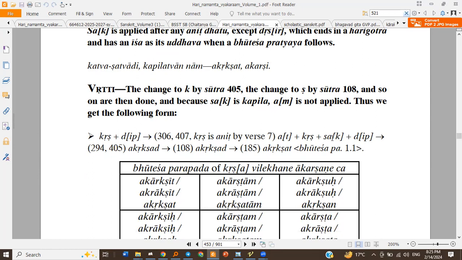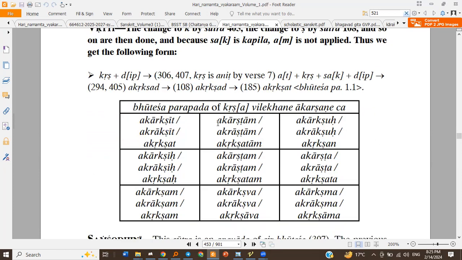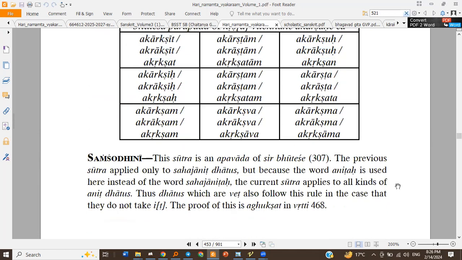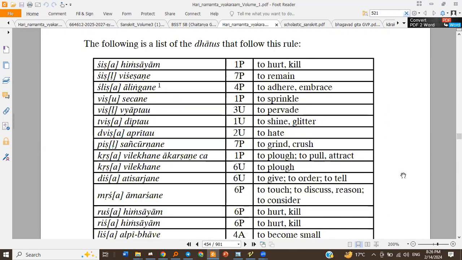So we insert Sak, and Shadho Ka Se, Sh becomes Ka, so we get Akrikshat. And this Sak is Kapila, so there is no Govinda or Vrishnendra done. So Akarkshit, Akrakshit, and Akrikshat. So three forms for each Pratyay are made in this way. Quite a formation actually. So please practice these sutras.